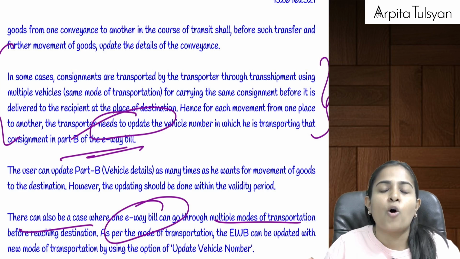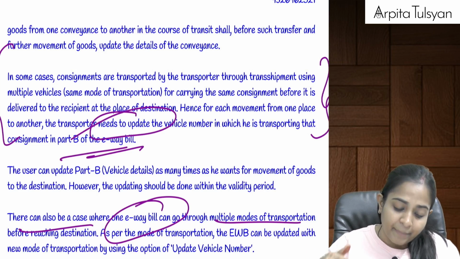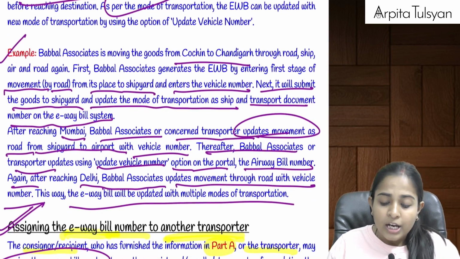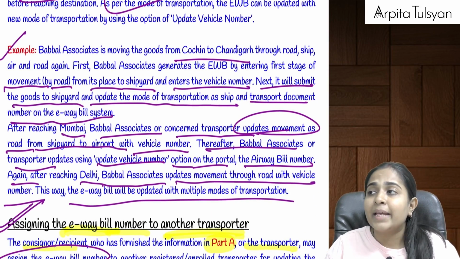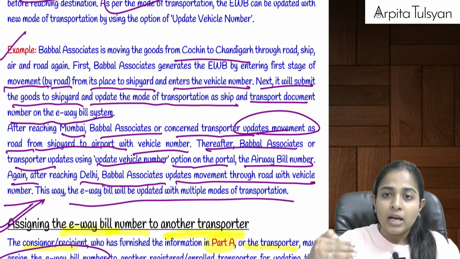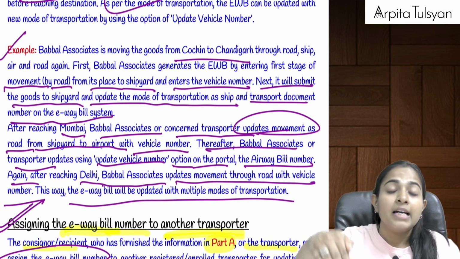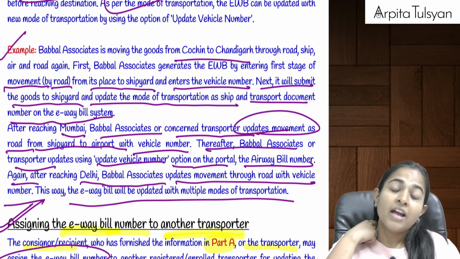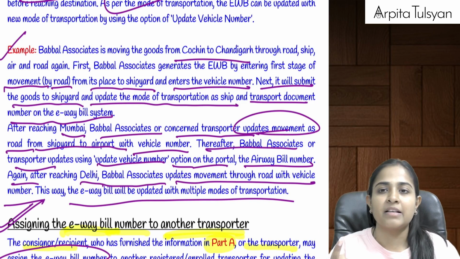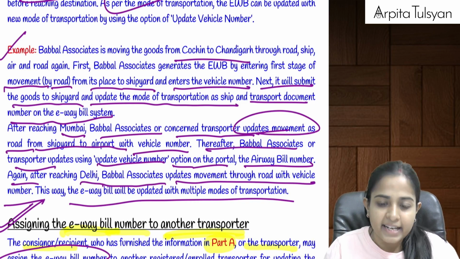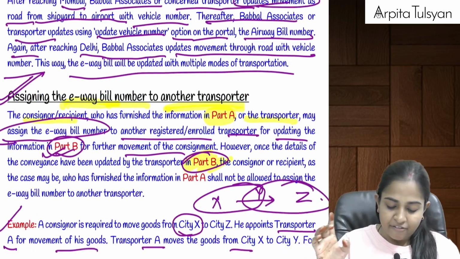Suppose later also we want to change the vehicle, then that can be changed in part B, with no need to issue a new e-way bill. Similarly, there can be a possibility that some area will be traveled by road, some by air, some by ship, etc. Can there be multiple modes also? For that purpose also, one e-way bill is sufficient, but whenever the mode of transportation is changing, before it changes, it should be updated in part B of the e-way bill.